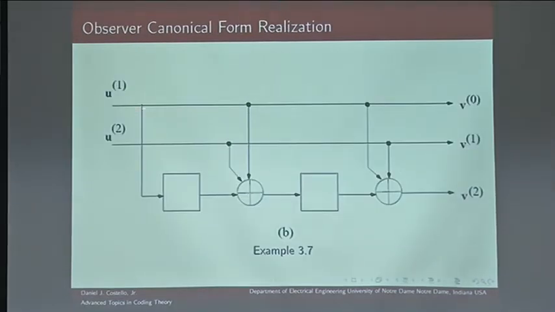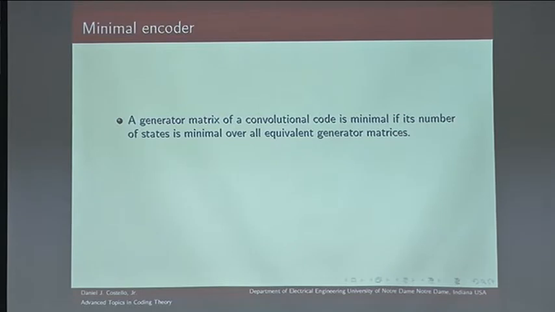So here's the 2 systematic sequences, and then the parity sequence you get by 1 plus d squared from the first input sequence, and 1 plus d from the second input sequence.